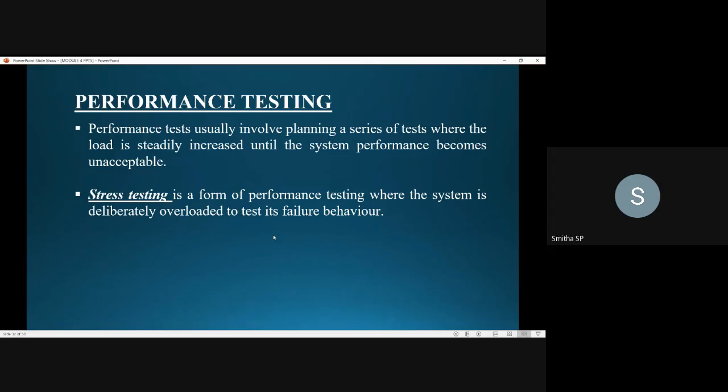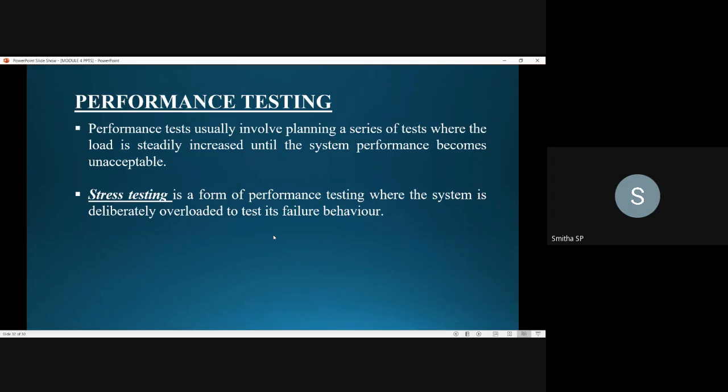Performance testing consists of a series of tests in which the load of the system is increased until the performance of the system becomes unacceptable. Here, stress testing is performed.